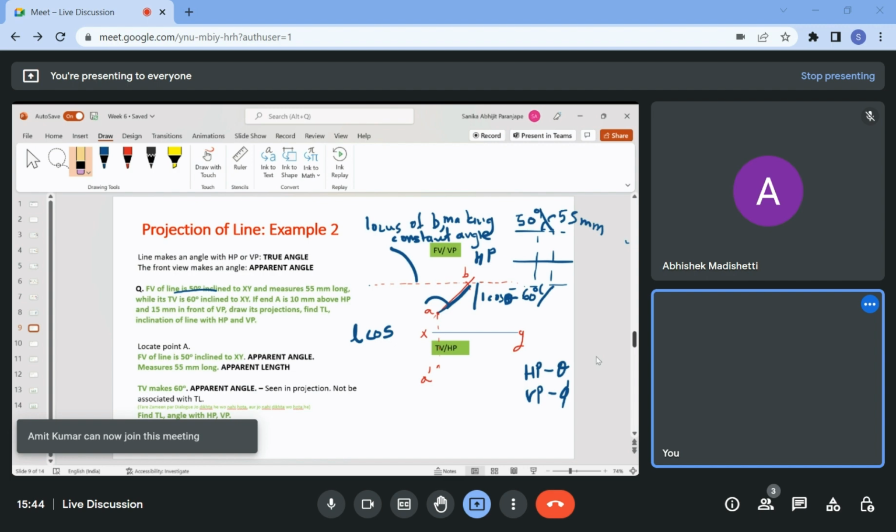Or else again, like last time, we already had the true length, so you actually need not do all these constructions. You just take the pointer at C dash, mark the true length in rounder, mark it at D dash, and that will give you the actual angle phi. So that is the angle with respect to the vertical plane.